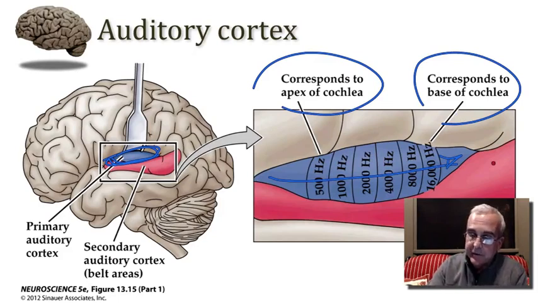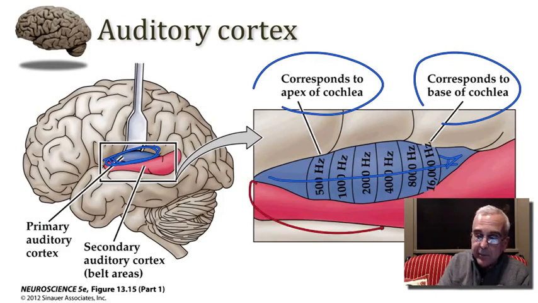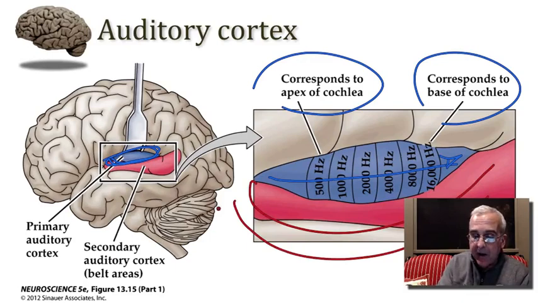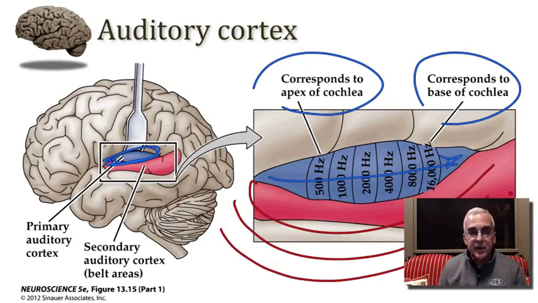And again, surrounding this central core region is a belt of auditory areas that seem to process increasingly complex aspects of auditory information. Of course, one aspect of audition that is very important in this part of the brain is human speech.